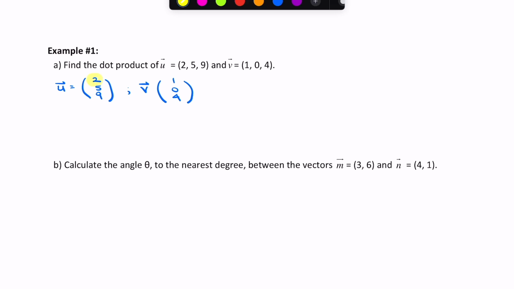And so here we see that our x values are 2 and 1, y values are 5 and 0, and our z values are 9 and 4. And so therefore, if we're calculating for our dot product, vector u times vector v, it'll be 2 times 1 plus 5 times 0 plus 9 times 4. So that gives us a value of 38.